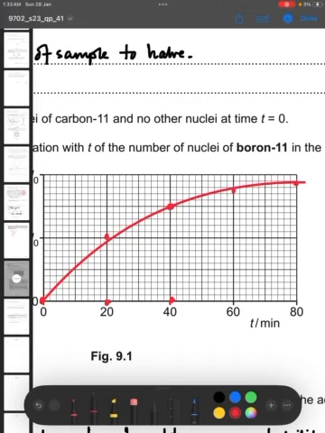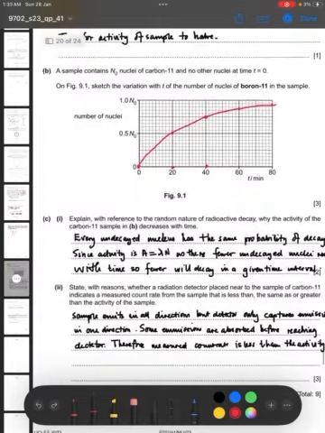Oh, this is much better. Okay, I can live with this one. Now that's the graph there.